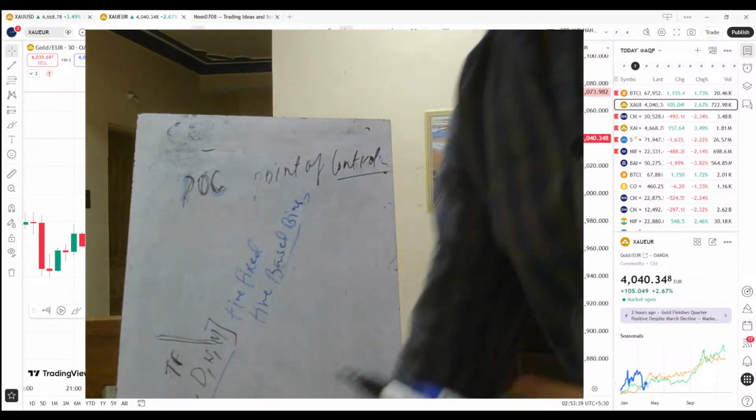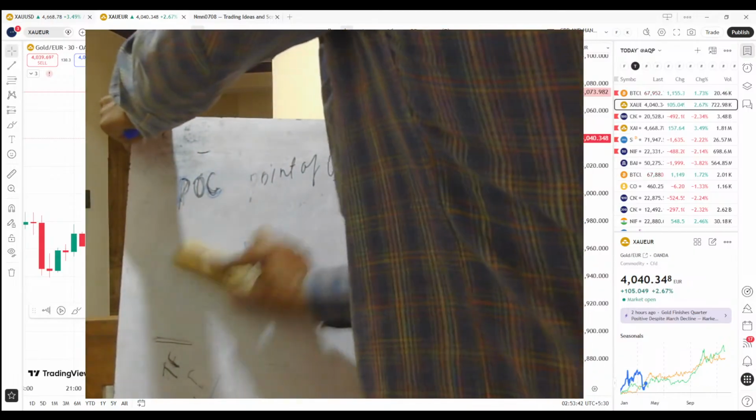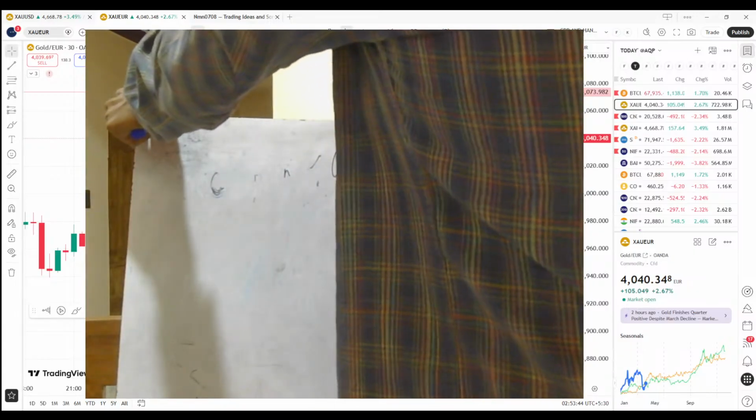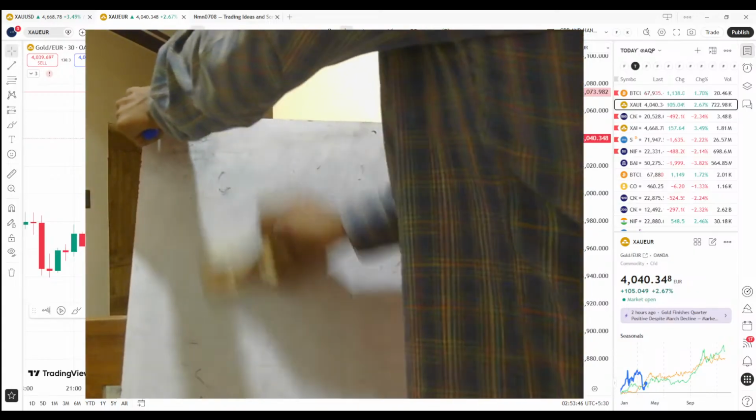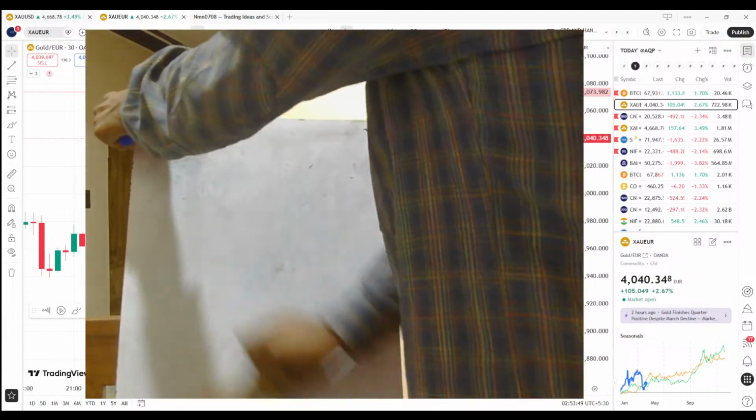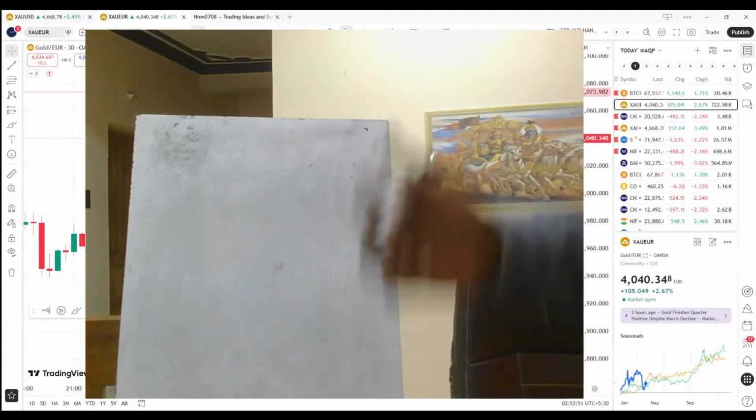So basically POC की help से we fix the bias. ये तो सिंपल सी पॉइंट है, बट व्हाट इज पीओसी, व्हाट एक्चुअल पीओसी इज.